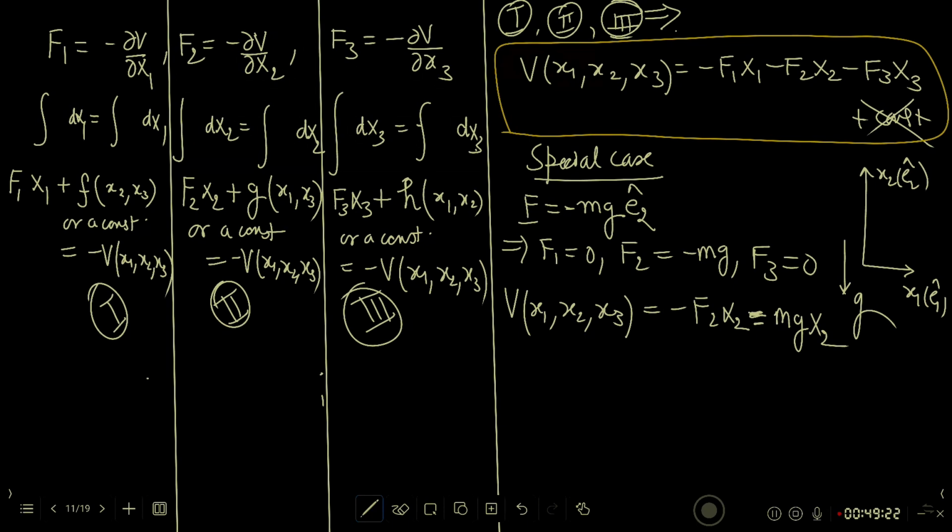Again, call it whatever you want. This is the potential function of the constant gravitational field in which the force vector acts along the minus e2 direction. Gravitational potential.